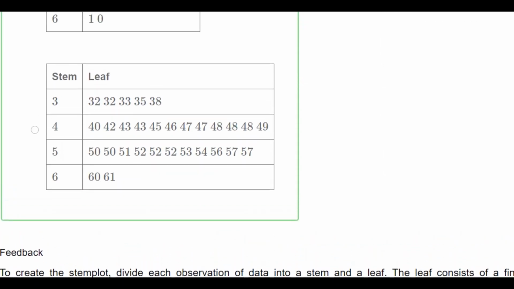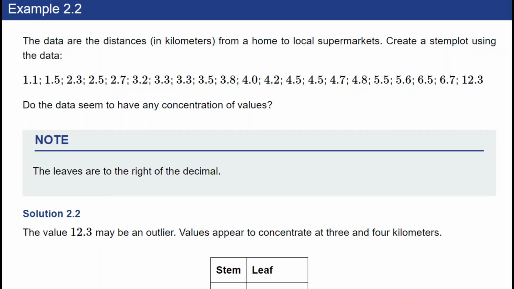In the second example, we look at the scores that represent distances in kilometers from home to a local supermarket. Okay, now if we look at the scores, most of them lie within the range from 1.1 to 6.7 if you look at the smallest and the largest score.